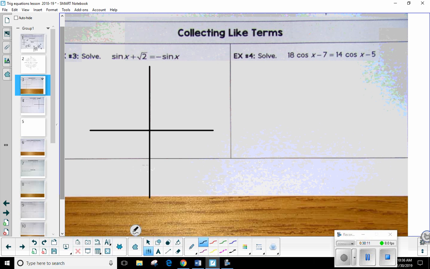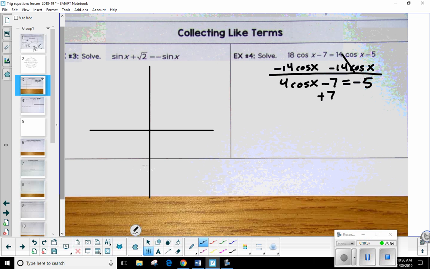So let's say I subtract this 14 cosine of x over. I'm going to subtract it because it's positive right there. Those are going to cancel. How many cosines will I have? 4. 18 minus 14. So 4 cosine of x minus 7 is equal to negative 5. Now I'd want to move the what?